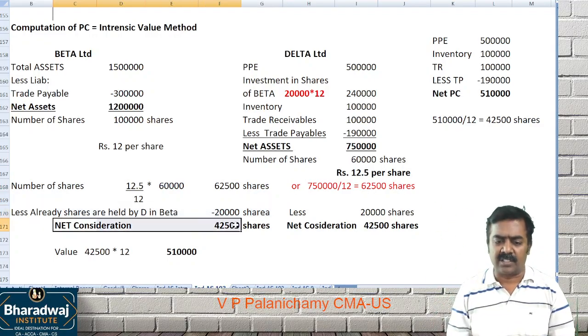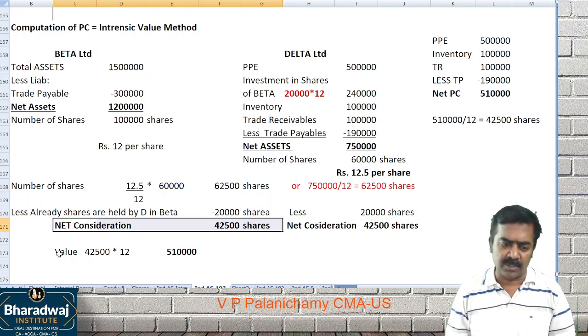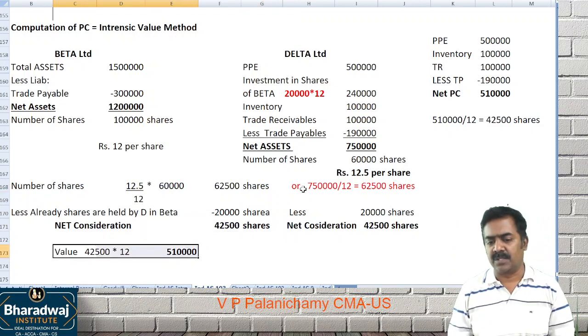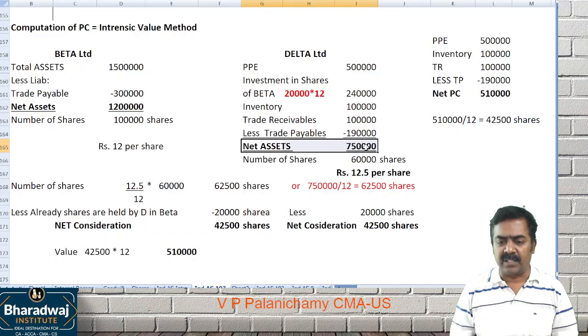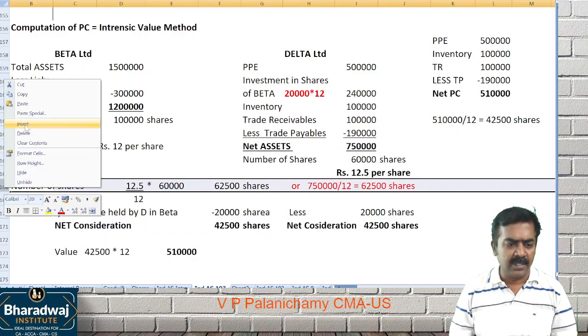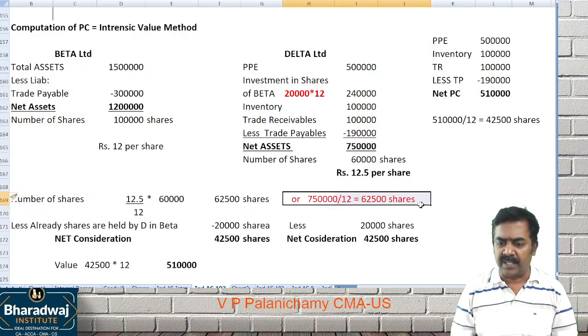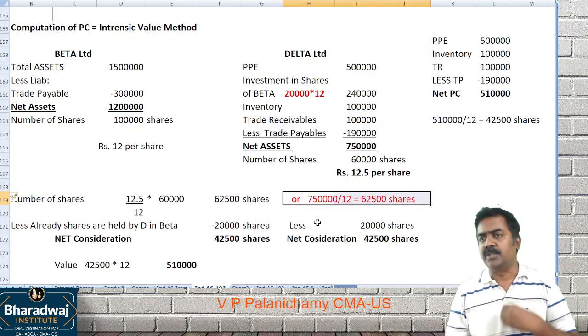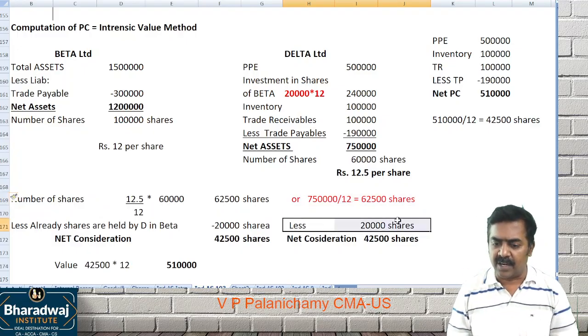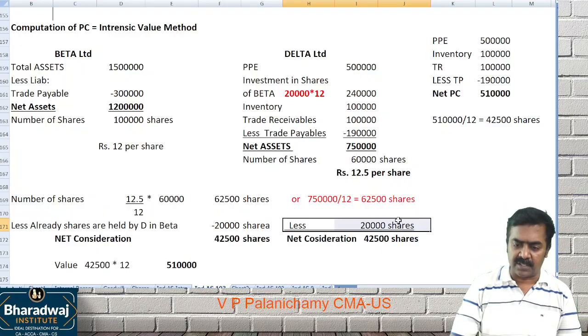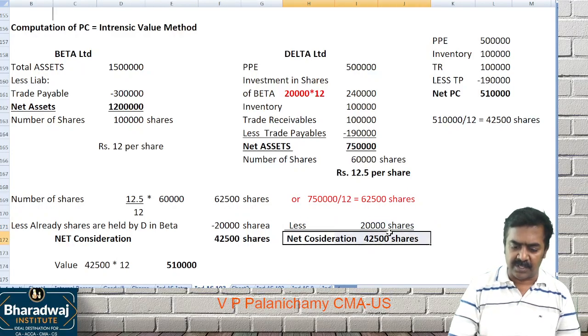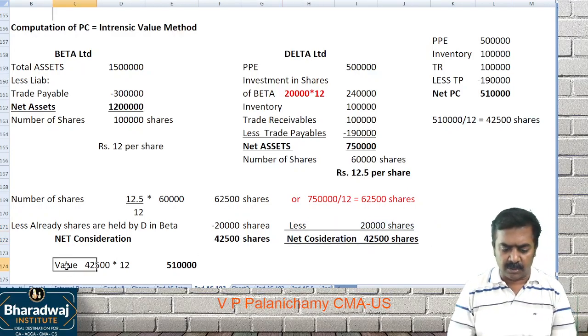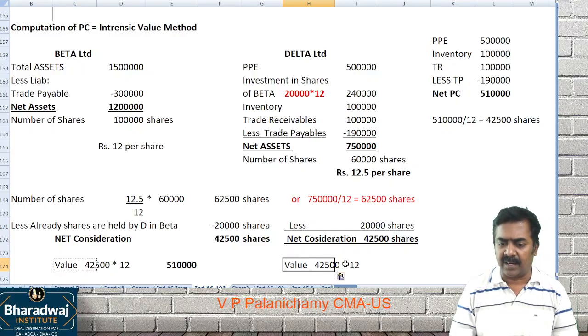So net consideration, how many shares will we give? 42,500. Value 5,10,000. Otherwise, 7,50,000 I should pay you. My shares are 12 rupees now, so I should give you 62,500 shares. You are already holding 20,000 shares. So I should pay you 42,500 shares. Value will be 42,500 into 12. How much will it be? 5,10,000.